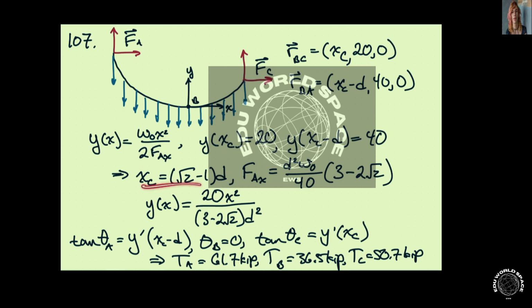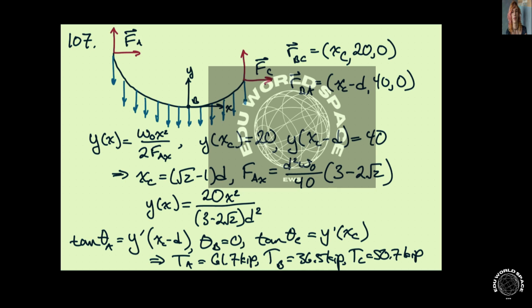So we have all these values, and now we can plug in, and we can figure out what this is. Then we know that the tension is just Fax all over cosine of theta, wherever and at whatever point we're at.